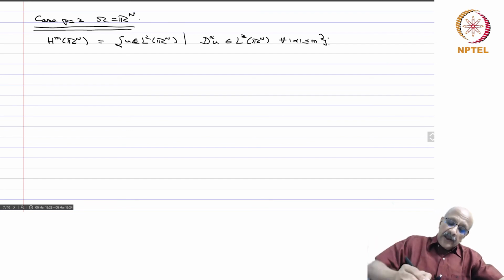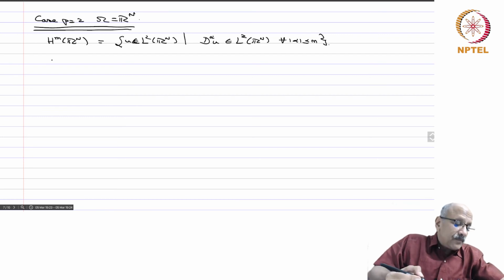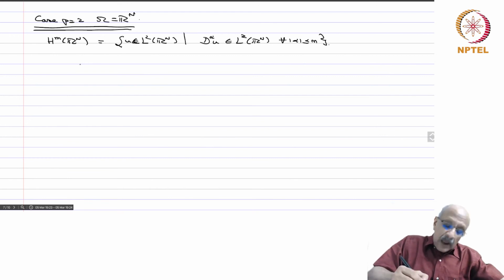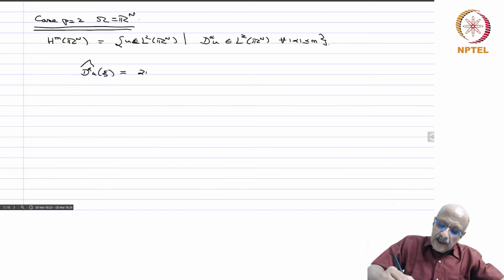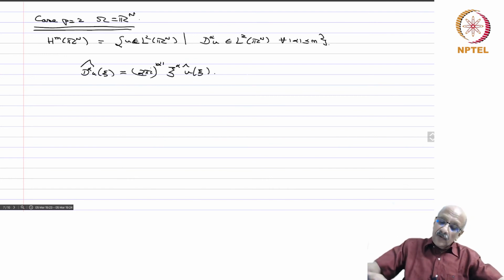Now, on L^2 we have the Fourier transform, which is square integrable, and by Plancherel's theorem the L^2 norm of a function and its Fourier transform will be the same. You also know that the Fourier transform of D^α u at ξ is nothing but (2πi)^{|α|} ξ^α û(ξ), for ξ in R^n.